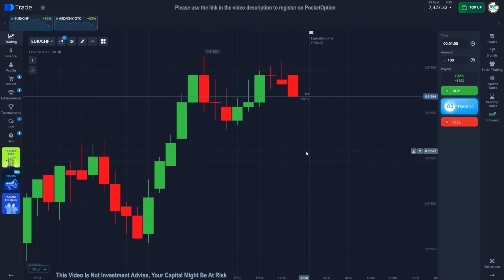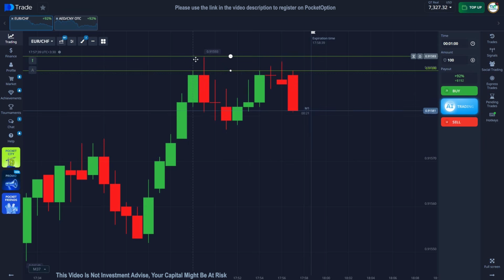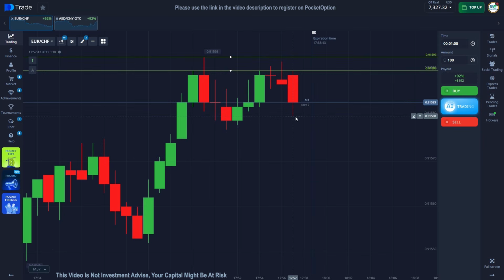So, it is better to try to trade in the direction of the trend. You can see, on the left side, we have a level. I drew it well. My candle received a rejection exactly from the level.